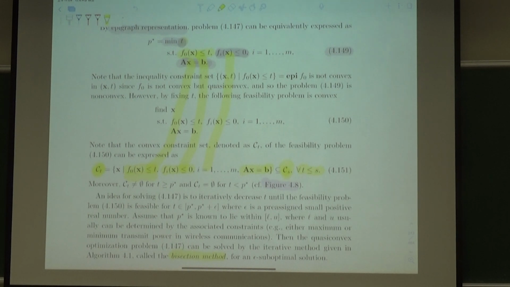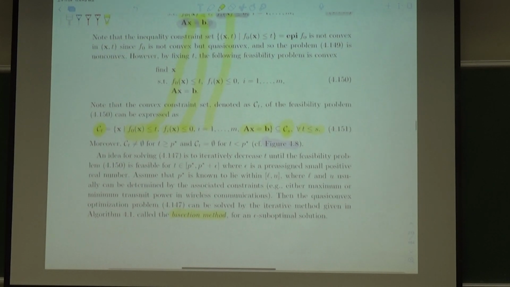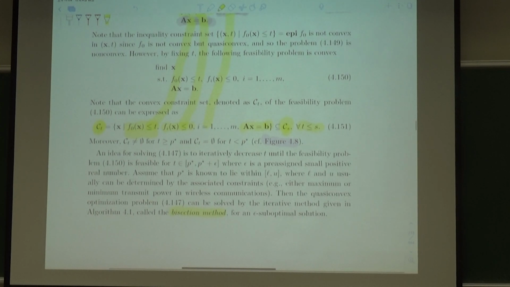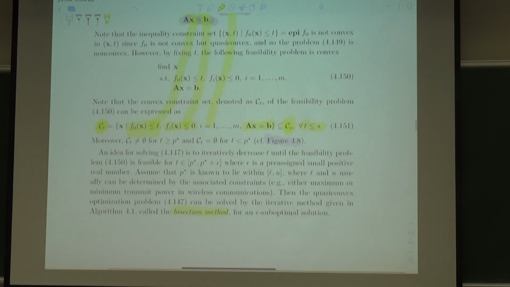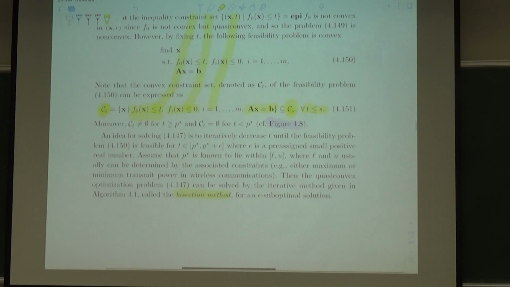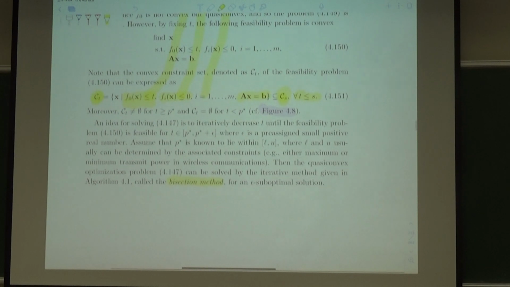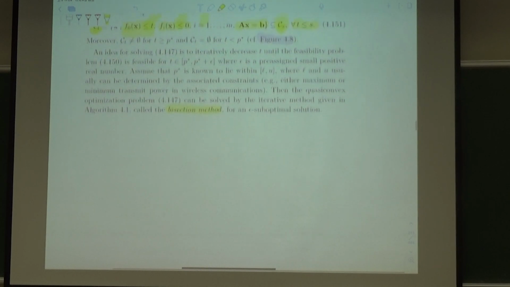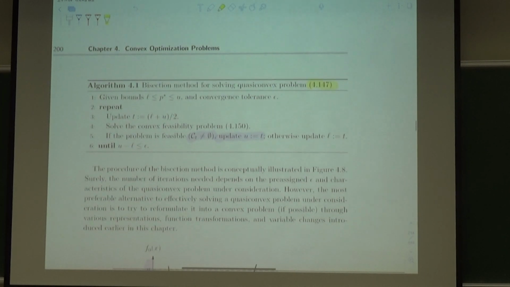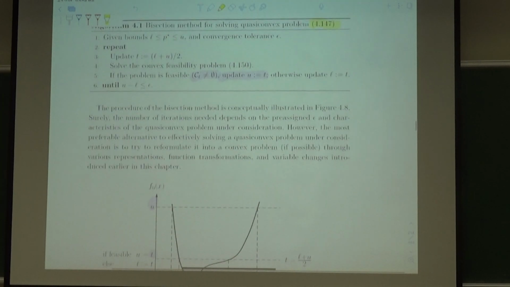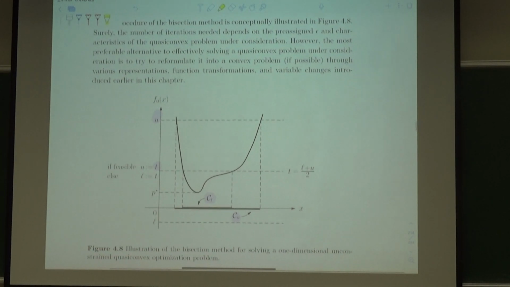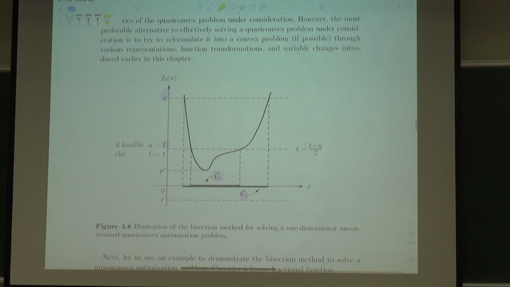Next I'm going to introduce the bisection method, which is used to find a numerical solution. A demonstration is easier to follow to understand the concept.